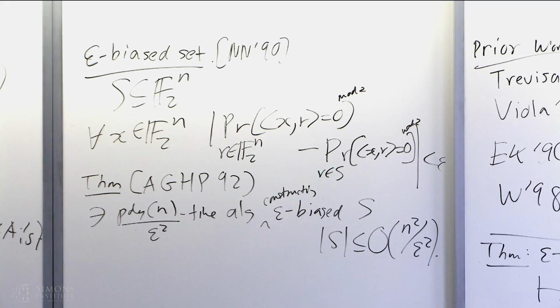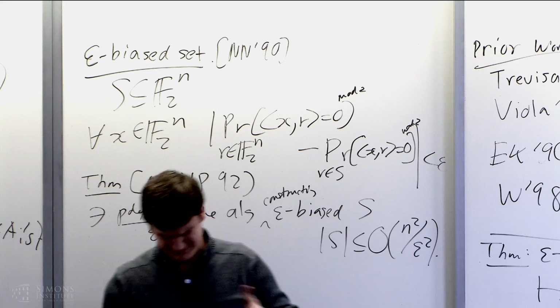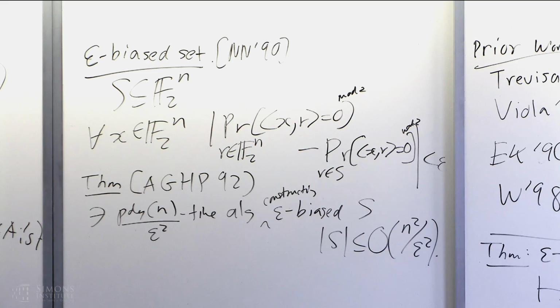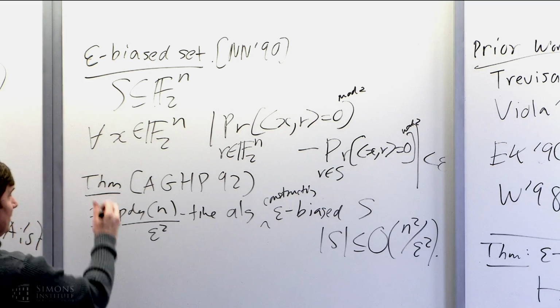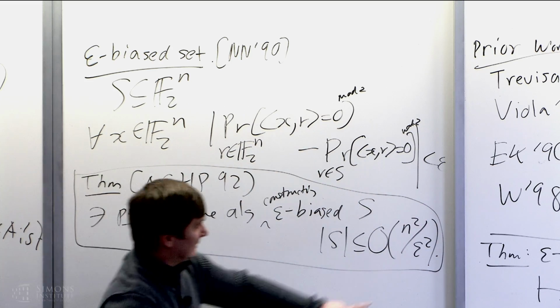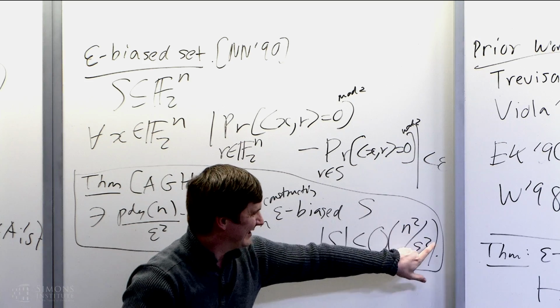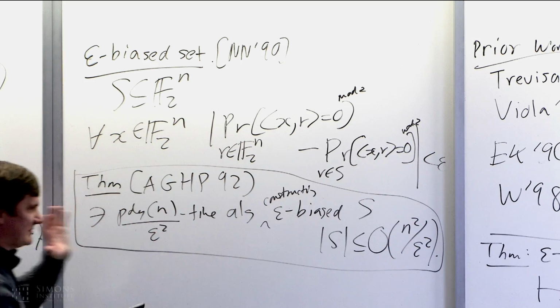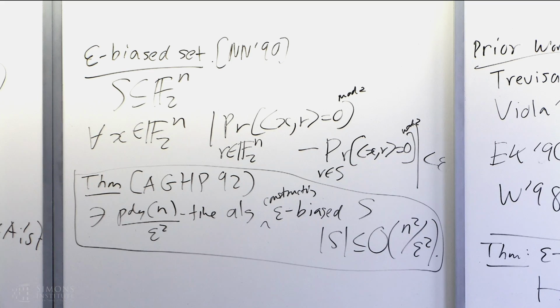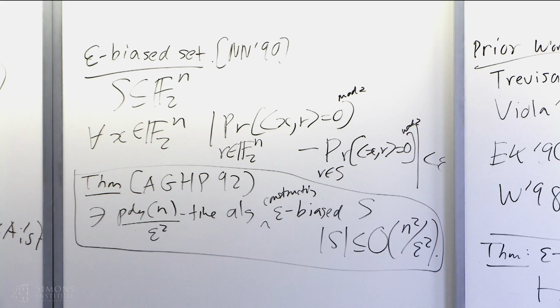Now, if you were to pick a random collection of S, you can get away with n over epsilon squared, a tiny bit better depending on how the error epsilon and n depend on each other. But this is the best known explicit construction for what we want to do. What we want is 1 over epsilon squared error. There are better constructions if you allow epsilon cubed, and there are other trade-offs like that as well. But for us, we care about getting this optimal epsilon.